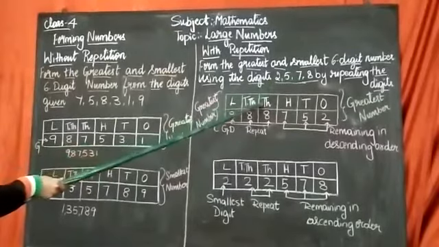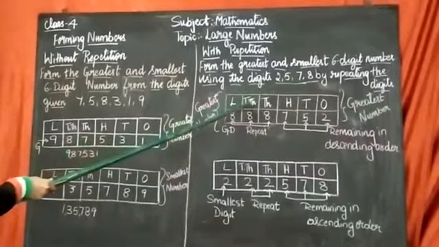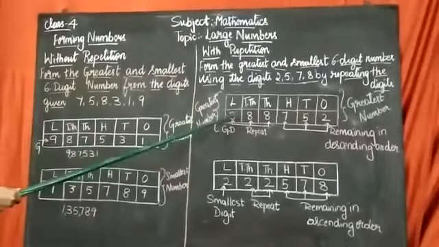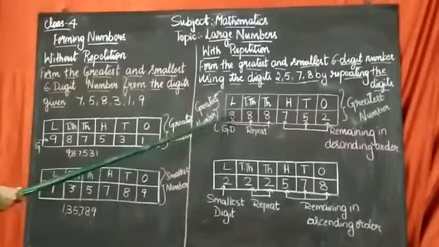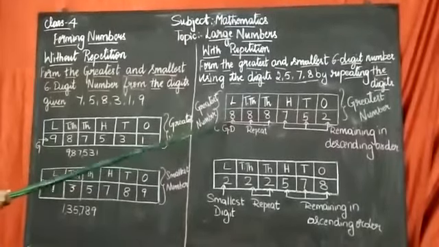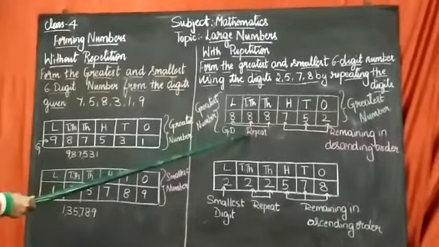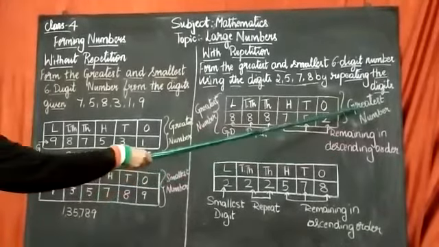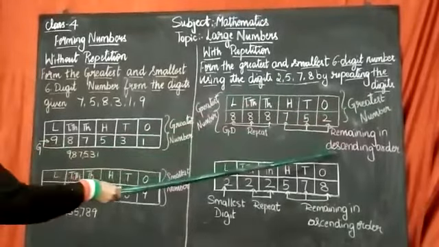So 8 is the greater number, and we will repeat the 8 two times. We take it in the lakhs place and we are repeating the 8 two times, because it is in descending order, we should take the greater number.